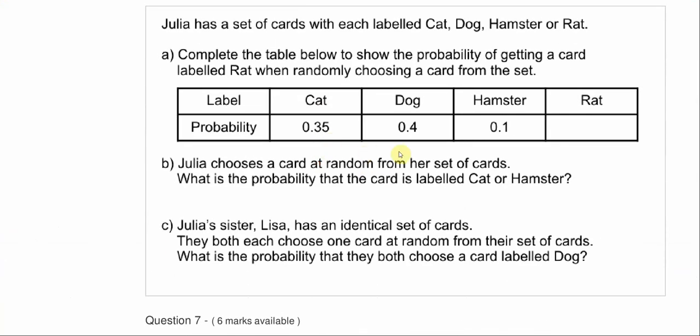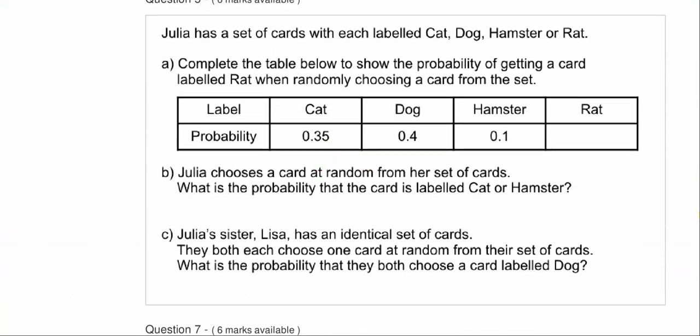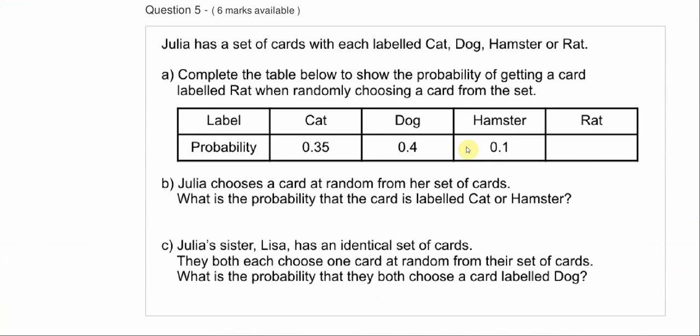Down to question 5 out of 7. We've got a set of cards labelled cat, dog, hamster or rat. Complete the table. Well, we know that all of these 4 would equal 1. So we need to think, well, what goes here to make them equal to 1?